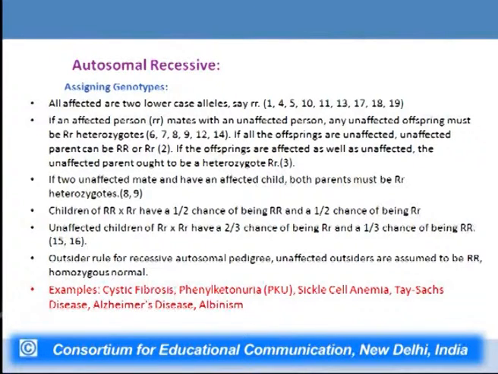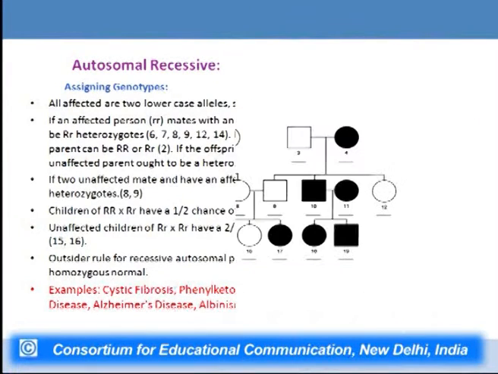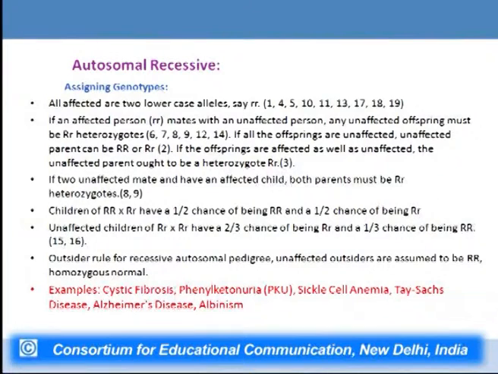If the offspring are affected as well as unaffected, as we saw in this pedigree, then the unaffected parents ought to be heterozygous. Only heterozygous parents can produce progeny which are either affected or unaffected. If two unaffected individuals mate and have an affected child, then both parents must be heterozygous.